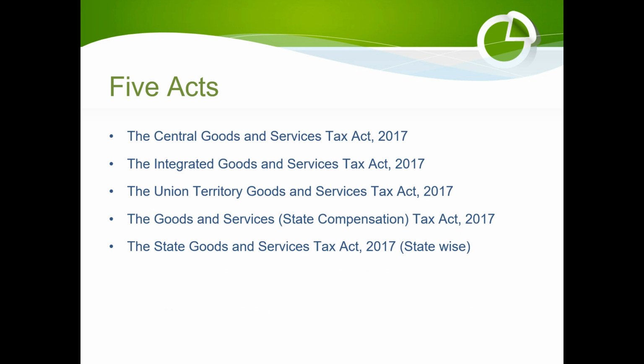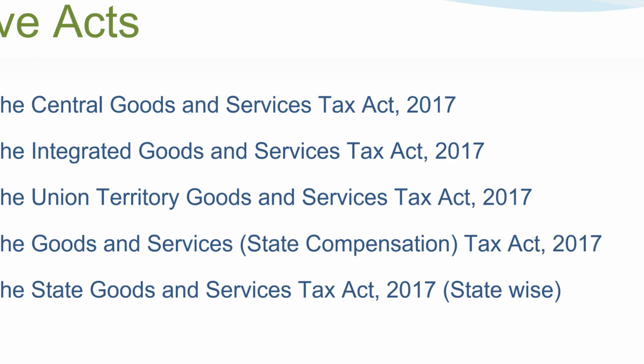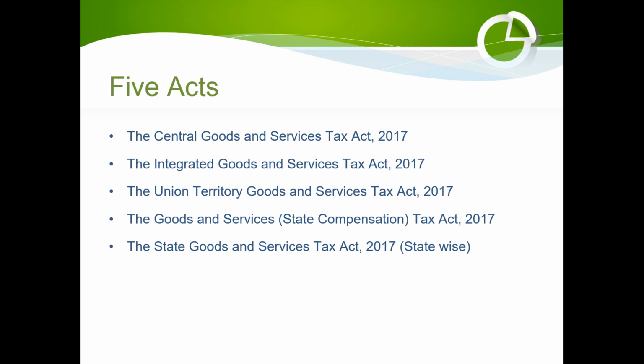Five acts have been decided by the government in GST: the Central Goods and Service Tax Act; the Integrated Goods and Service Tax Act, which is applicable integrally on state as well as central; the Union Territory Goods Act, which is applicable basically for union territories; and the Goods and Service Tax State Compensation Act, a centralized act, the agreement between state and central.